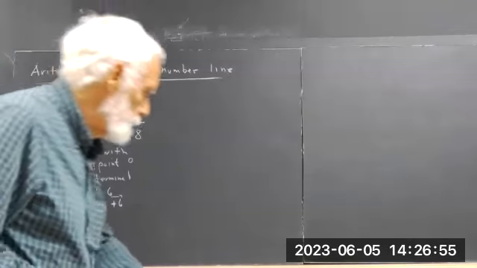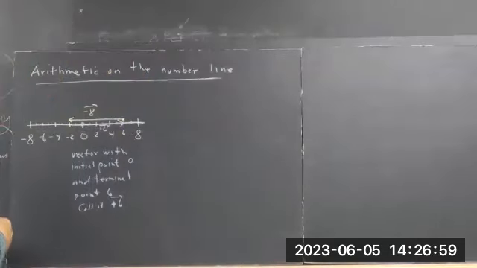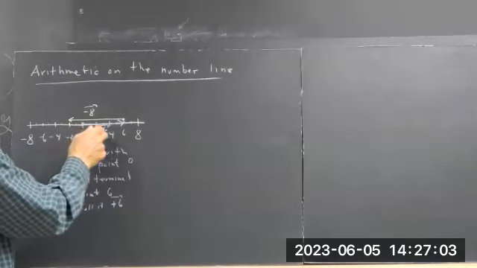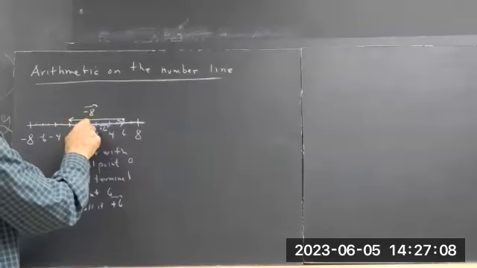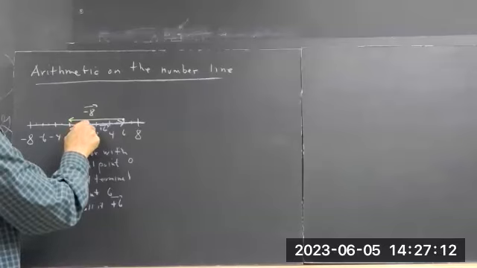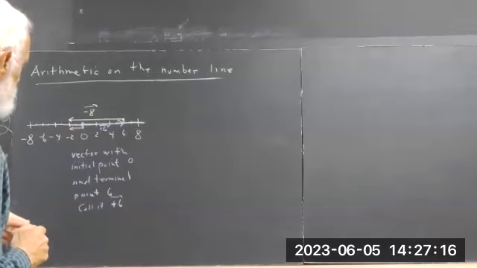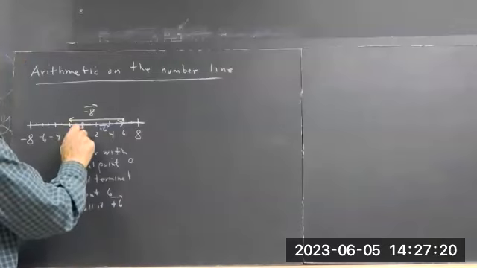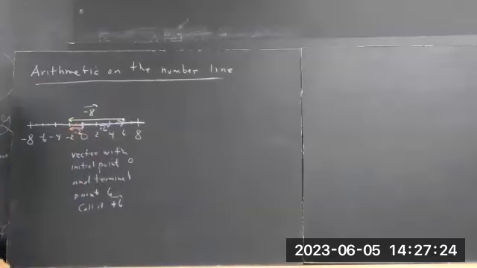Now, what arrow do we get if we start from the initial point of the +6 and move to the terminal point of the -8? Okay. What are we going to call that vector? Well, that vector is -2.